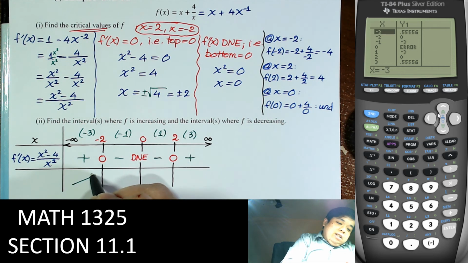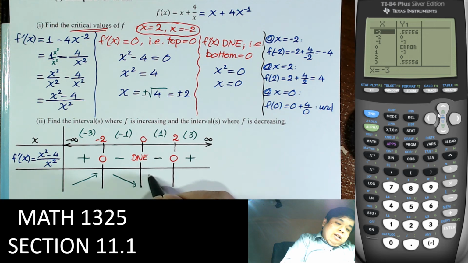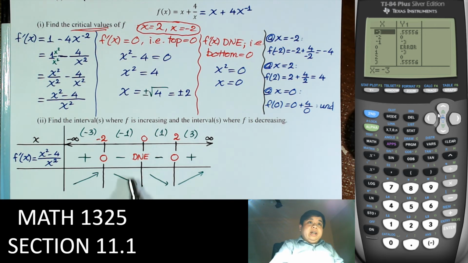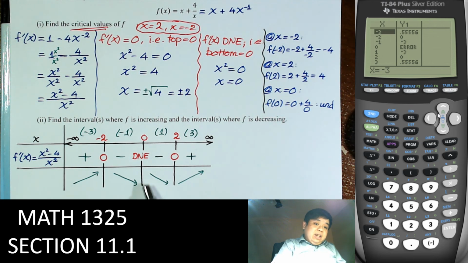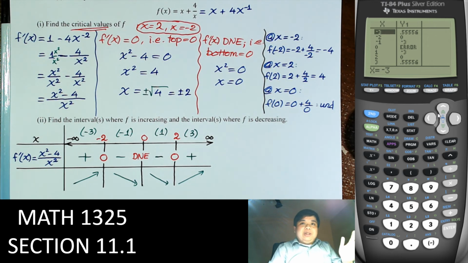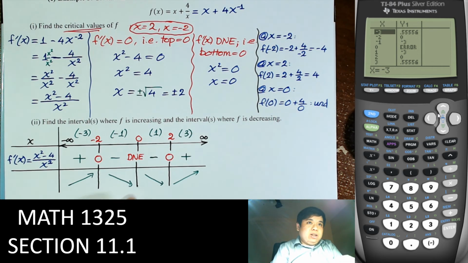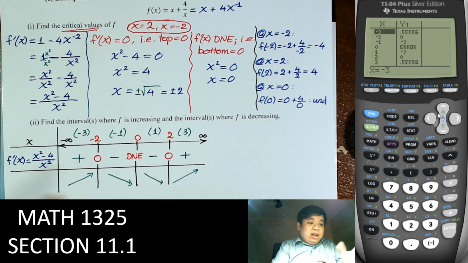So increasing, decreasing, decreasing, and increasing. So of course there's nothing here. Even if there is anything here, it's still undefined, so it cannot be anything at 0. And the sign chart doesn't give us increasing then decreasing like that, so it's no max or min there either.